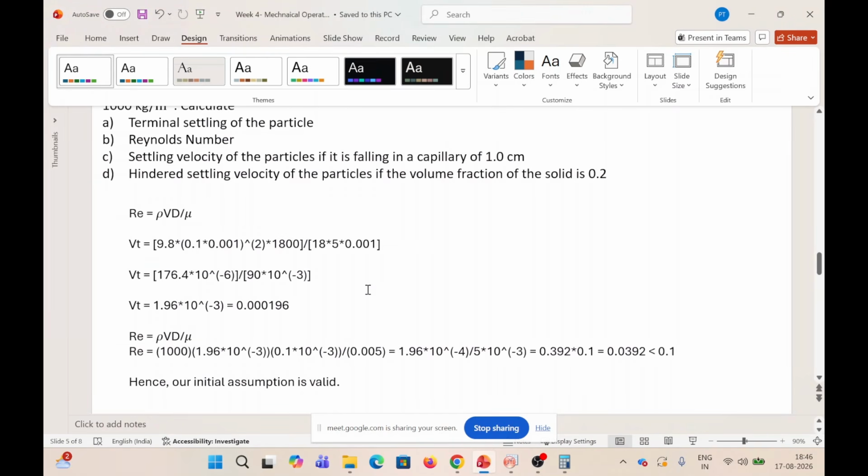So how to calculate the settling velocity of the particle in a capillary of 1 centimeter?